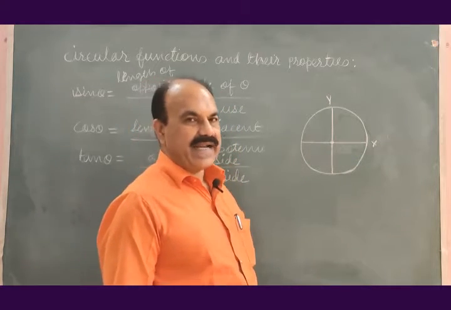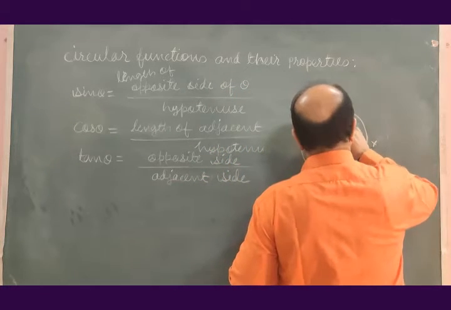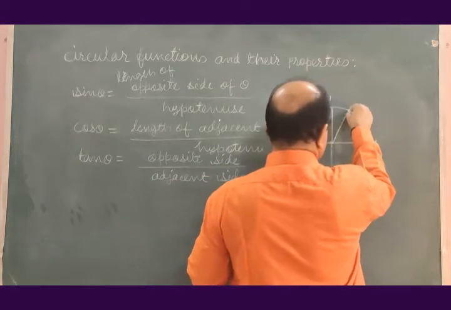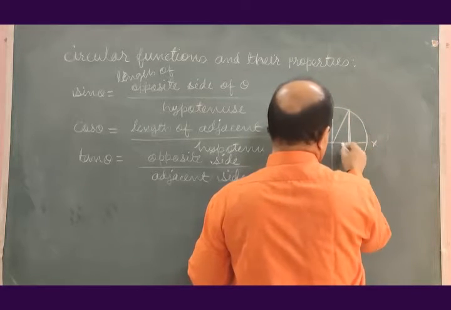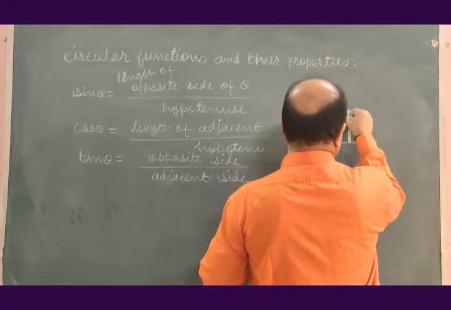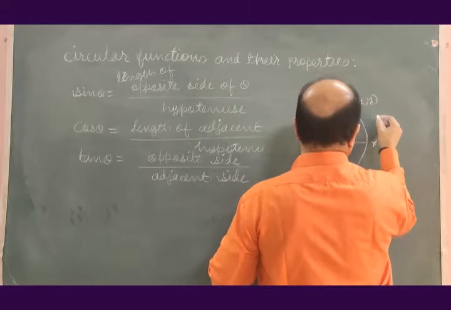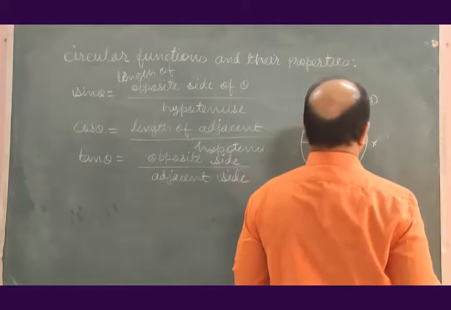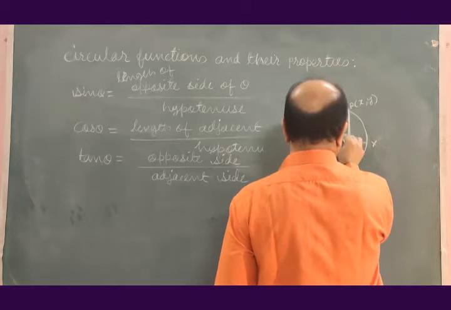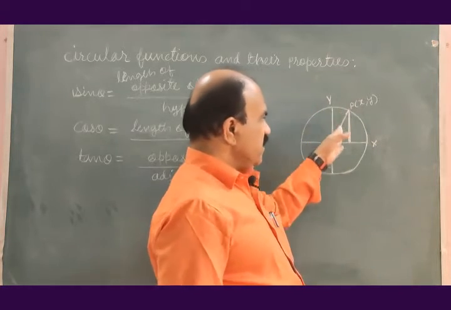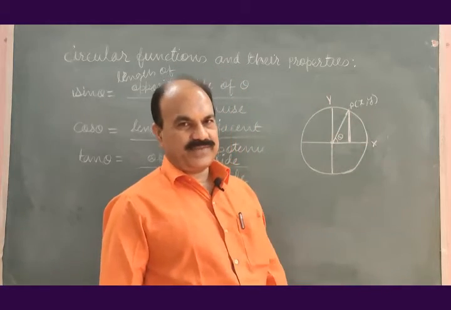Let us draw a right angle triangle in the first quadrant. This is a right angle triangle drawn in the first quadrant.